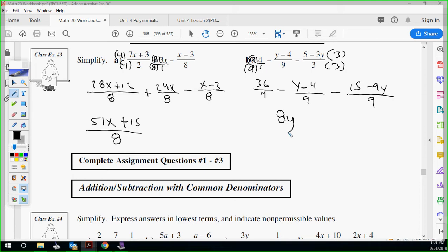But you can. So then here, 36 minus a negative 4, so that's 40. Minus 15 is 25. So 25 is your constant over 9. Okay, just watch for your negative signs there. Sometimes some people like to put the brackets. They think that helps them. You can if you want. It's fine.